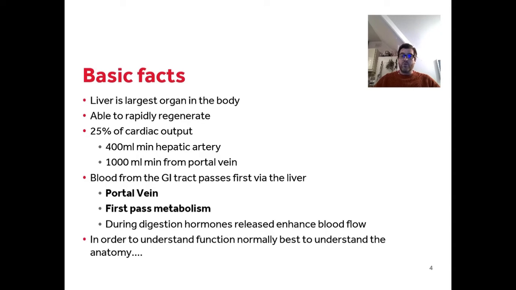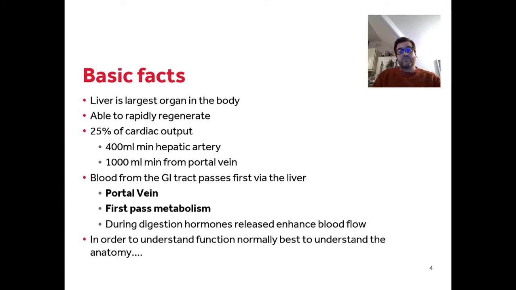We'll come more to regeneration later. Now, in order to fulfill its functions, in a cardiac cycle it takes about 25% of the cardiac output. I'll cover what cardiac output means in the cardiovascular lectures, but in simple terms, it's the amount of blood pumped around the body in a minute.